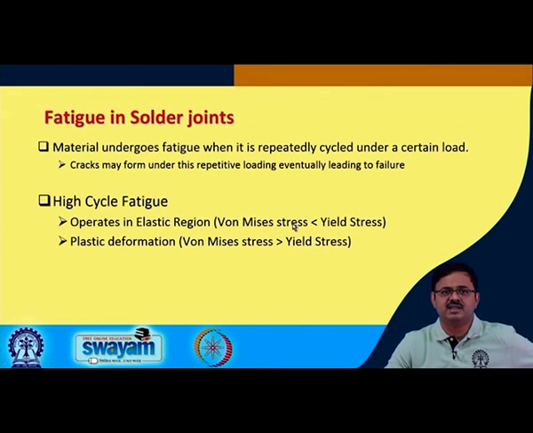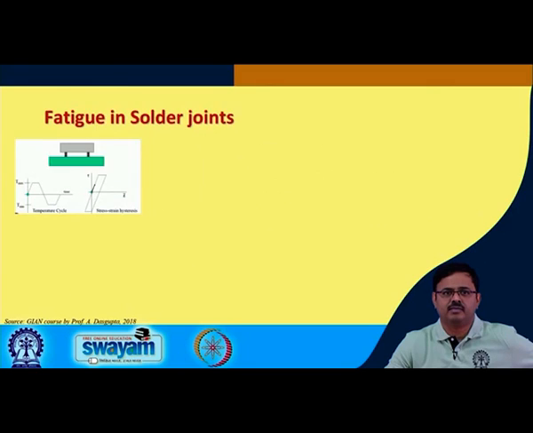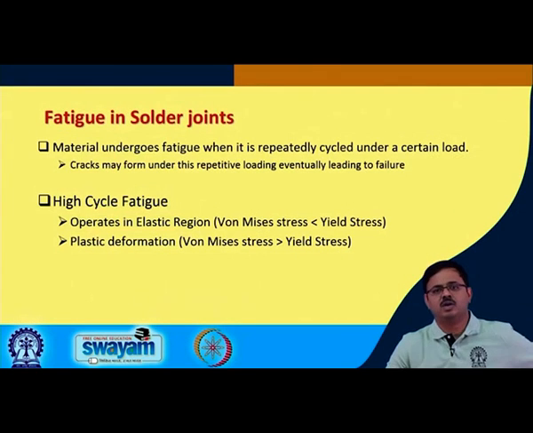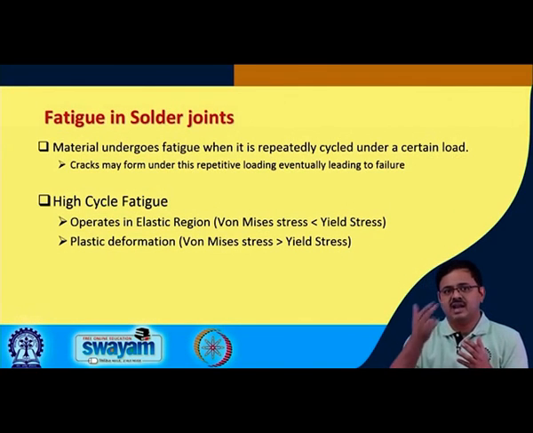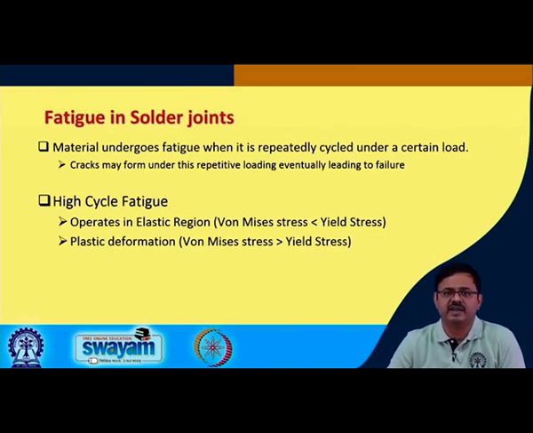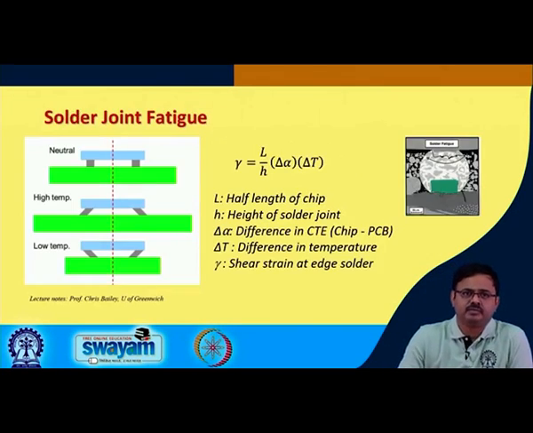So, in this condition the failure is dominated by the stress, and in plastic deformation or low cycle fatigue it is dominated by strain. All right. So, let us look at this one. This picture we had seen before.